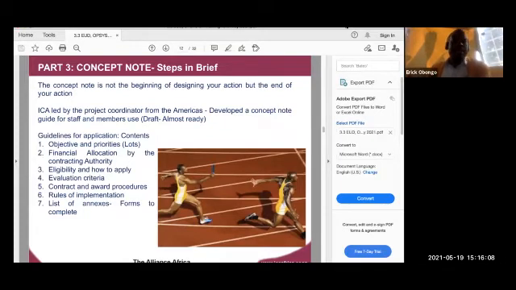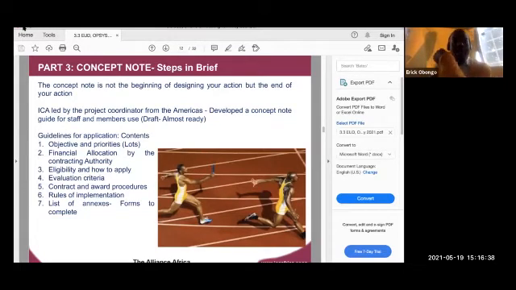So the ICA team, that is the project team, being guided by one who has been doing this work, the project coordinator for the Americas region, came up with a quick guide which will support our participants when developing the concept notes.